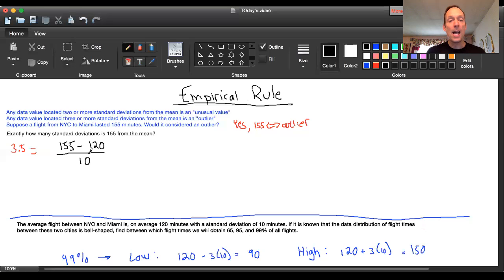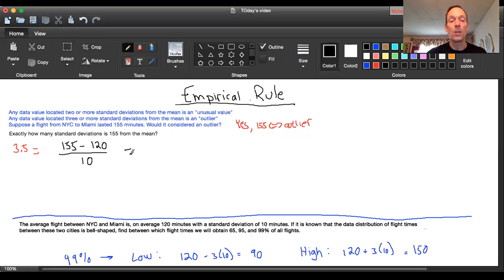Now, once we have that, our 155, our 120, our 10, and the division sign, can we generalize that even more into a formula? And the answer is absolutely. We could have asked the same question, and it didn't have to be for 155. It could have been a flight for 160 minutes, 170 minutes. So what do we do when we have any given number?